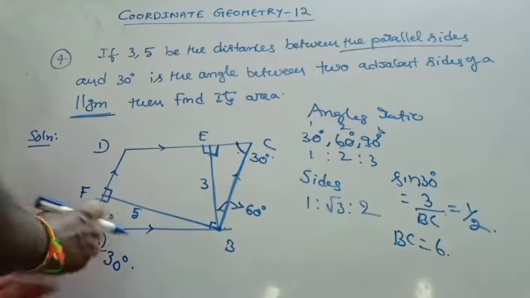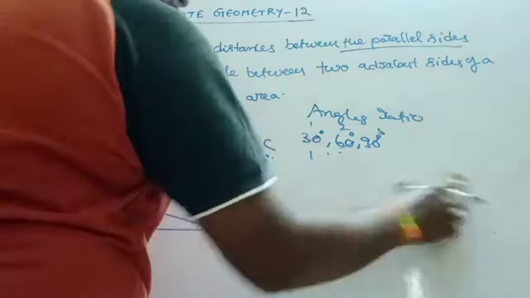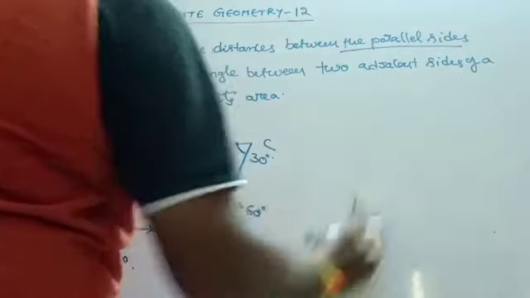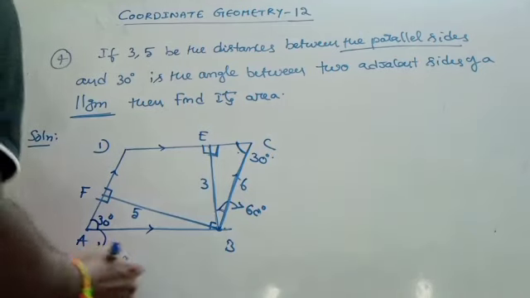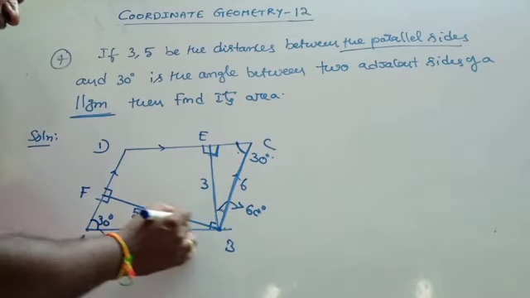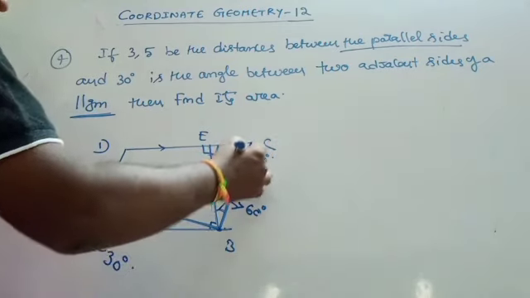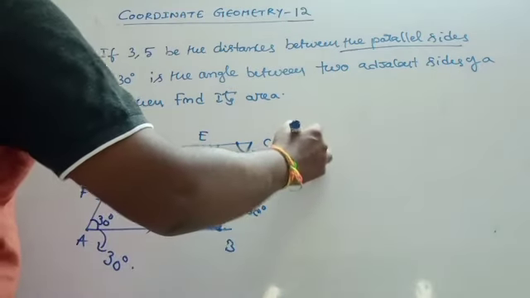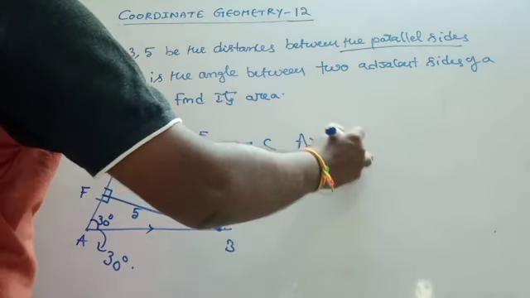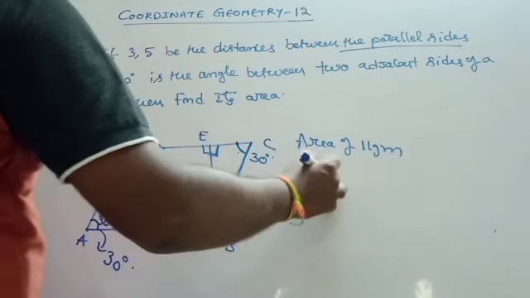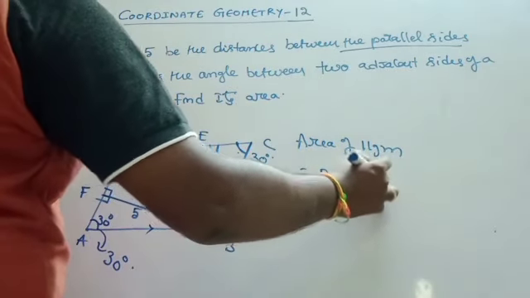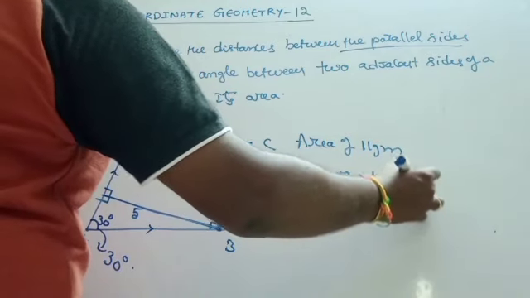Now once you got BC as 6, and its corresponding height is nothing but 5, if you take this as base, area of a parallelogram is nothing but base into its corresponding height.